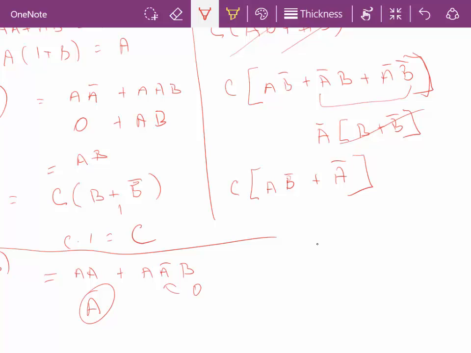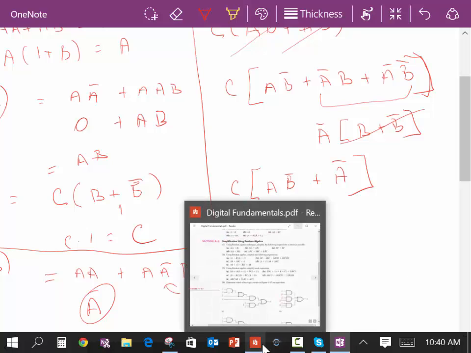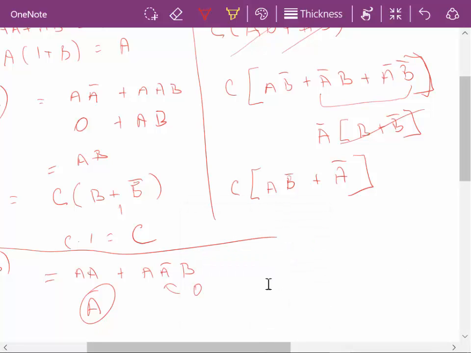And the reason it's tricky, let me go back to the book here, or let me go back to my previous slides.